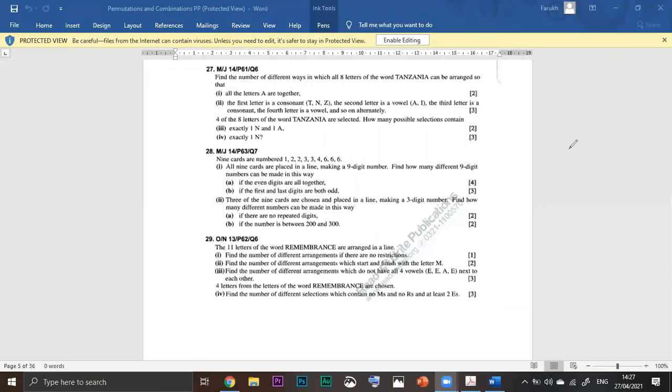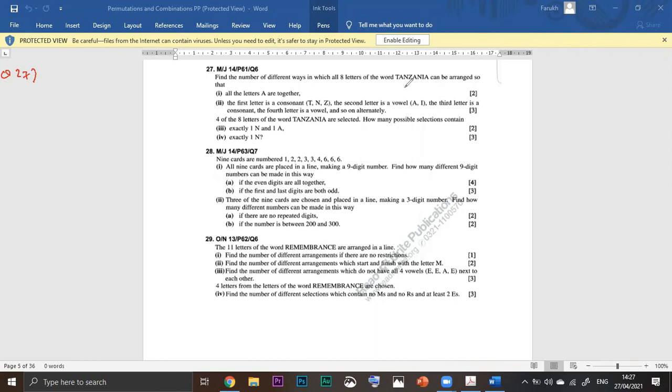Question number 27 is, find the number of different ways in which all 8 letters of the word Tanzania can be arranged so that all A's are together. There are 8 letters. How many T's are there?